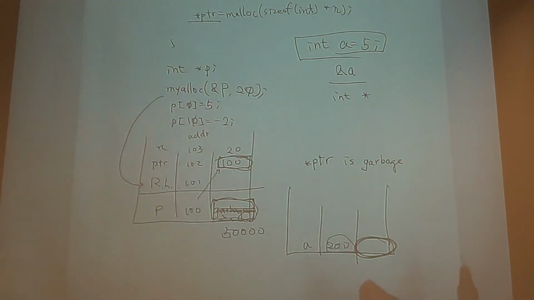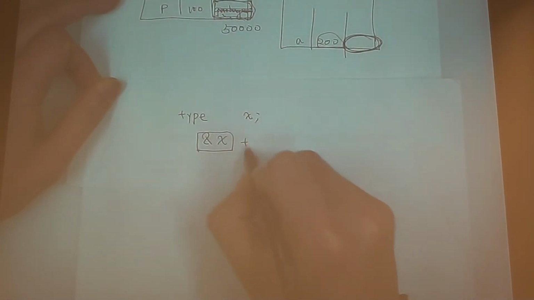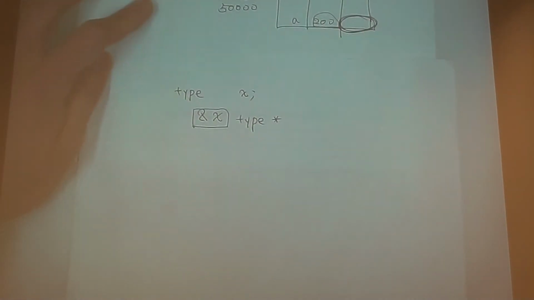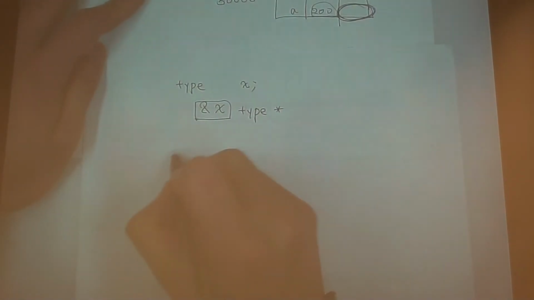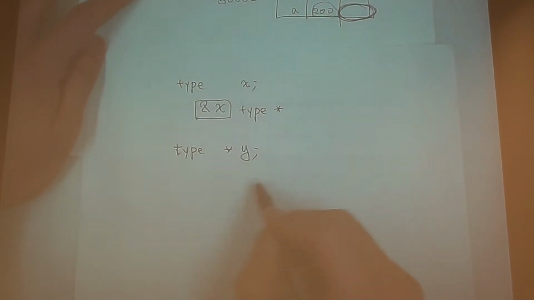Okay, so the type. I know every semester, students are confused about type. You have type, you have x. If you add a star in front of x, this type will be type star. You have type star y. This is creating a pointer.